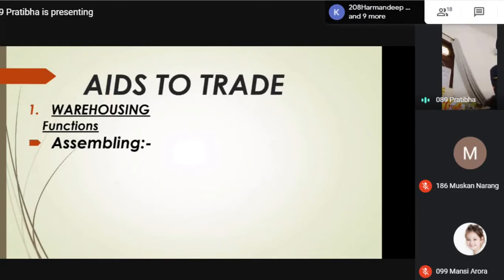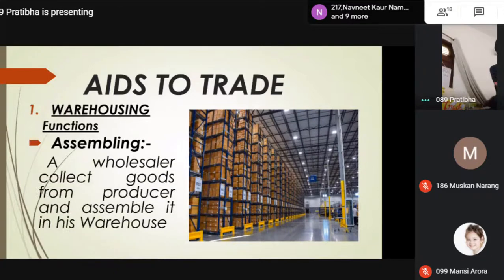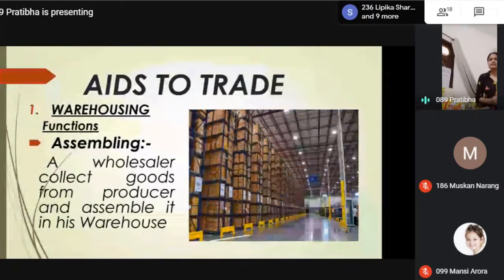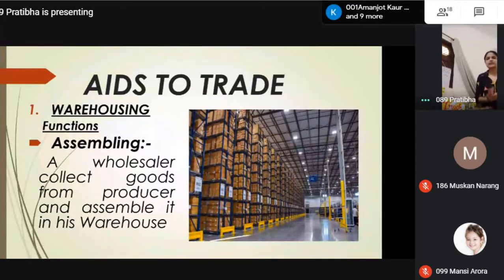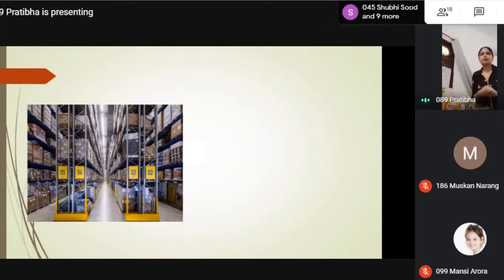These are some functions. First is assembling. A wholesaler collects goods from the producer and assembles them in his warehouse. Store it properly in the warehouse. Students, tell me what you see in this picture. Goods are arranged properly.